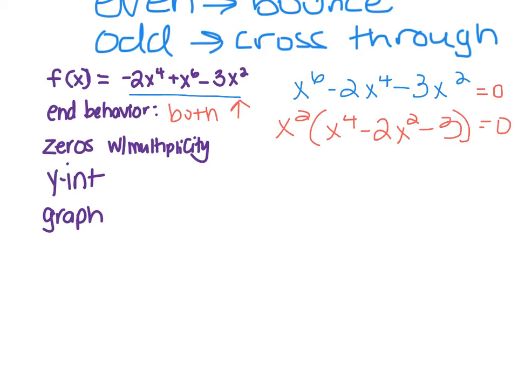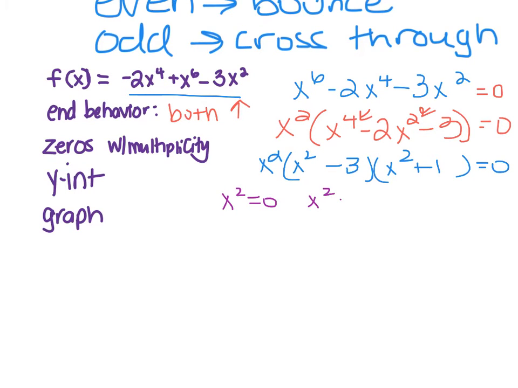When it's x to the 4th and x squared here, I'm going to factor it like I would a normal trinomial, except that instead of x, it's going to be x squared. The factors of negative 3 that sum to negative 2 are negative 3 and positive 1. Then solve: x squared equals 0, x squared minus 3 equals 0, and x squared plus 1 equals 0. The first gives 0 with a multiplicity of 2, so it's going to bounce there.